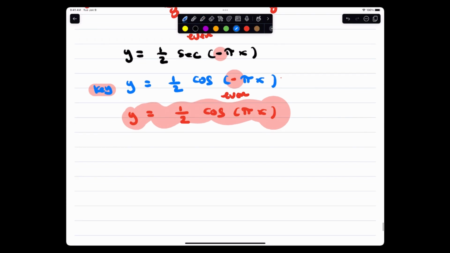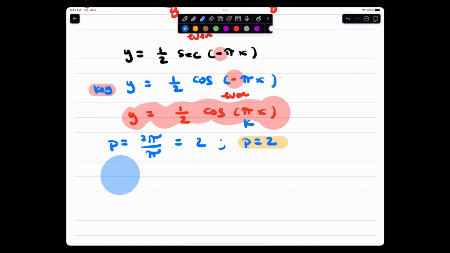So here's the deal. What's the period? Right? Do you guys remember? 2 pi over k. What is k? Isn't k pi? And doesn't the pi's cancel? So your period will be what? 2. All right. I think I forgot the amplitude. What's the amplitude? It's a here.